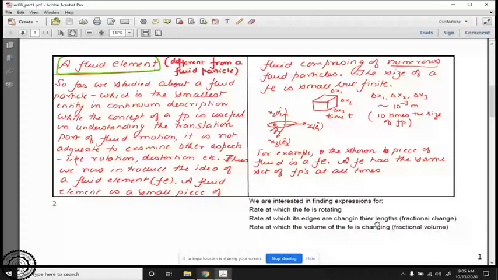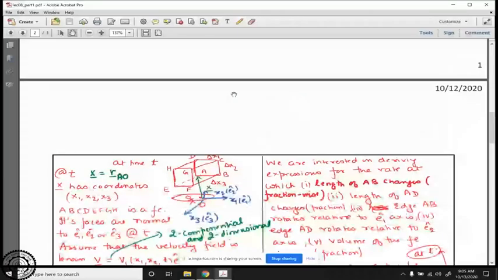That's the kind of quantity we want to find an expression for. And finally, the rate at which the volume of the fluid element is changing. Clearly, right now the volume is delta x1 times delta x2 times delta x3. But at what rate is it changing at this instant? These are the questions which we will try to address in today's class.